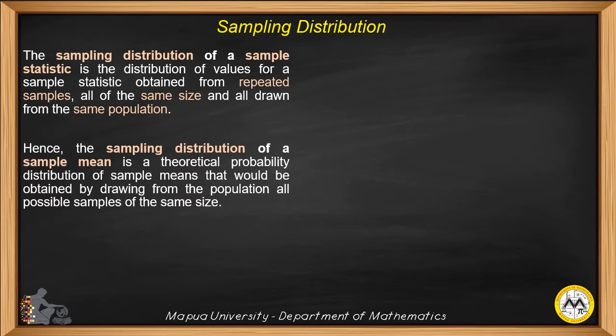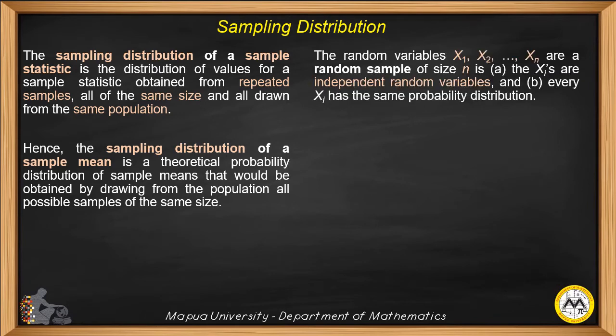So the sampling distribution of a sample mean is a theoretical probability distribution of sample means that would be obtained by drawing from the population all possible samples of the same size. So let us consider a random sample of x1, x2, x3 up to x sub n, random samples of size n.